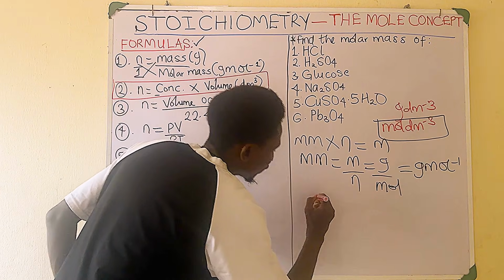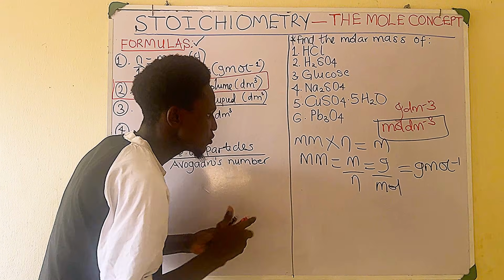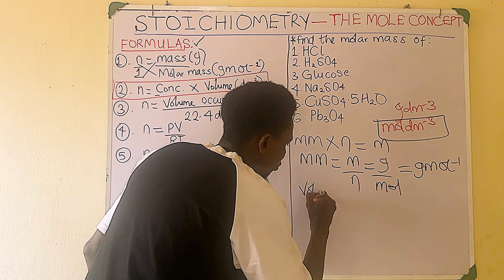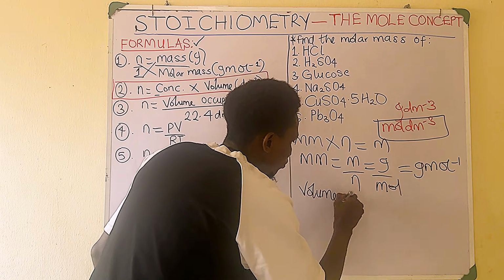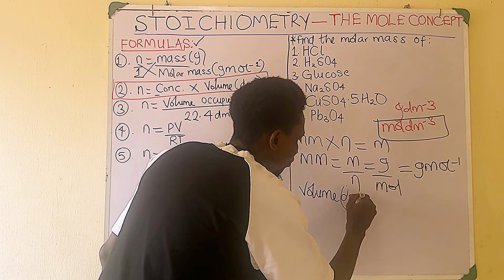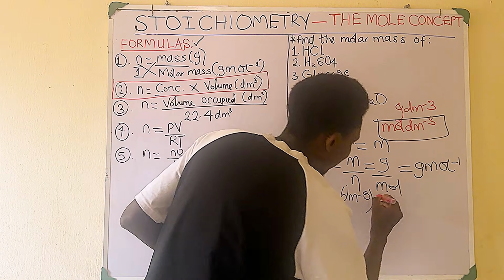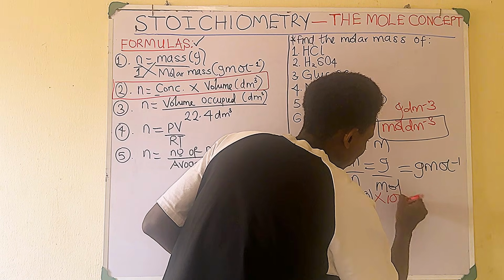So if you have volume in dm cube and I want to change it to cm cube, all you have to do is multiply by 1000.